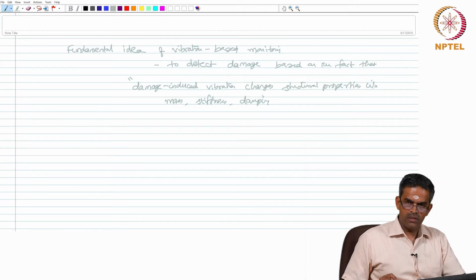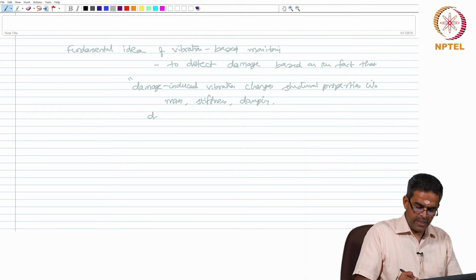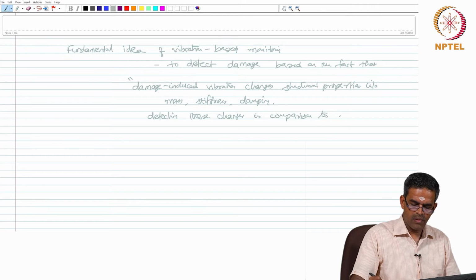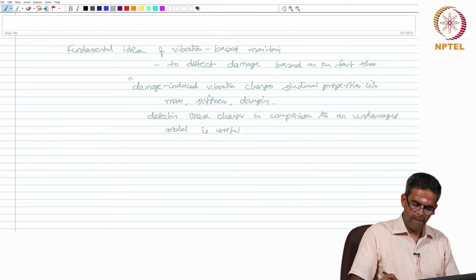These properties are significantly changed. Detecting these changes in comparison to an undamaged model is useful to detect damage.